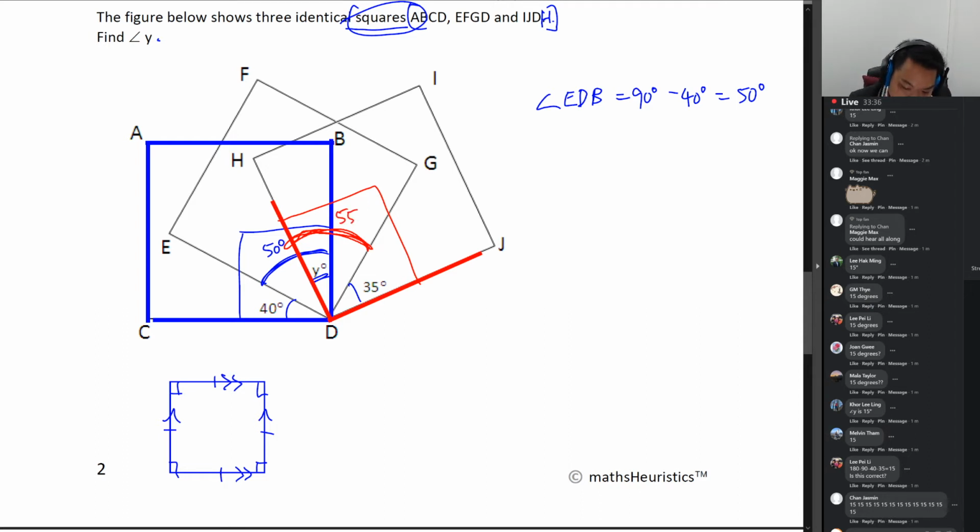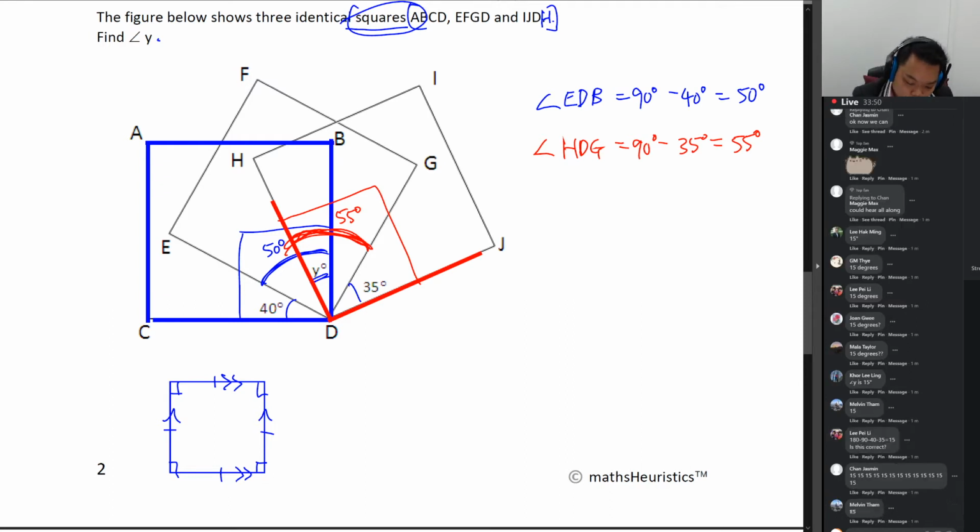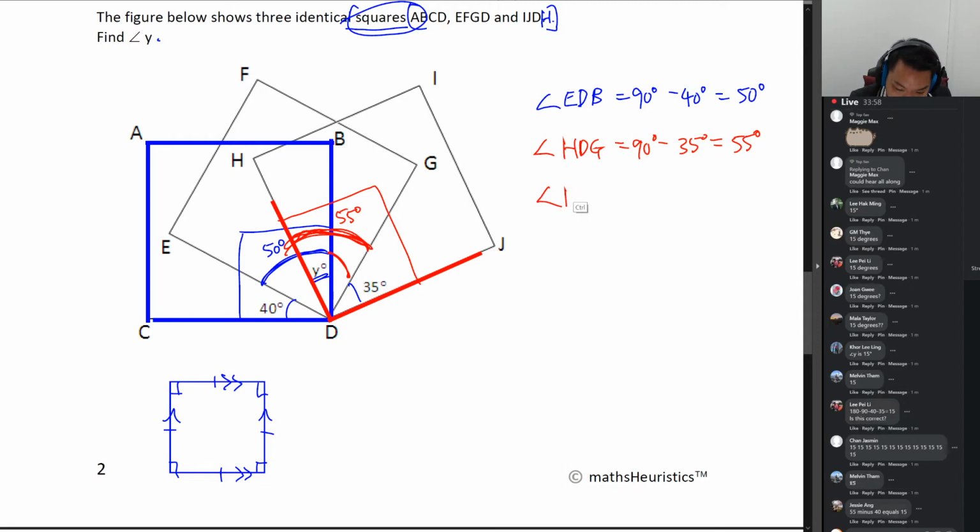Angle HDG is going to be 90 degrees minus 35 degrees to give you 55 degrees over here. So when you know this, you can also say that this angle BDG is going to be 55 degrees.